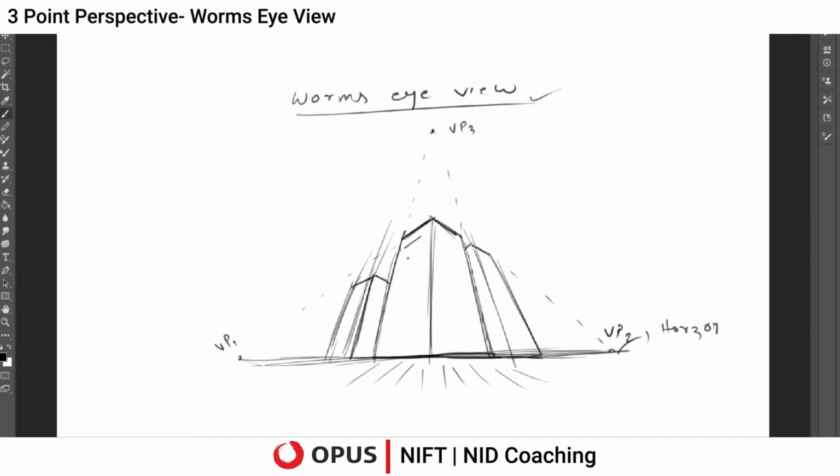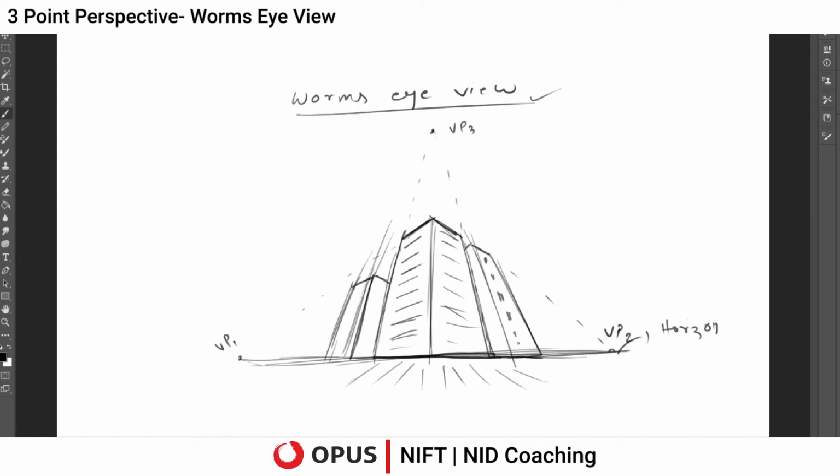Okay, now if you start adding the details of the buildings, you will see that it gives the impression that we are observing a subject from a very low angle.